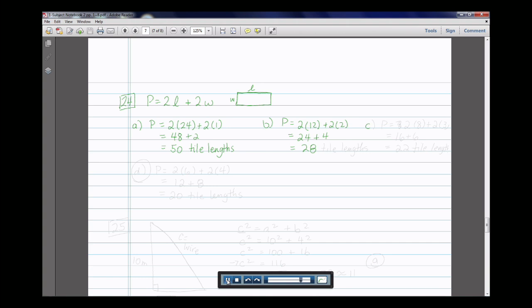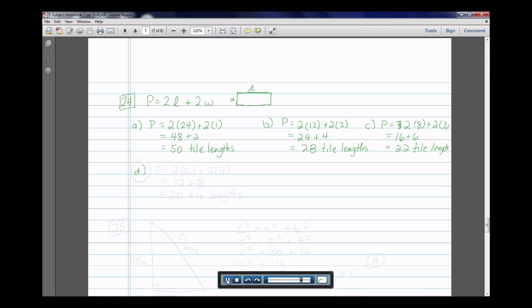And then for C, the perimeter is going to be 2 times 8 plus 2 times 3, which is 16 plus 6, which is 22. And again, these are tile lengths, but on a multiple choice, you don't have to worry about that. You just look.